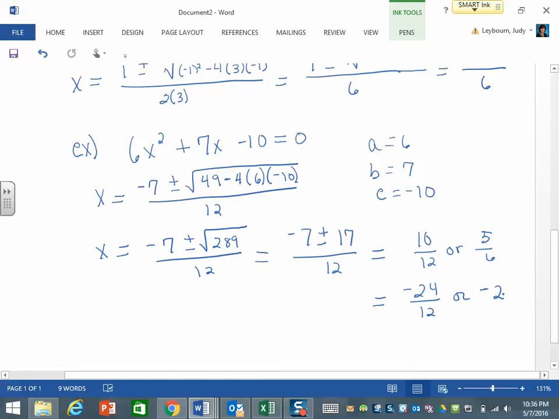And so our solutions for the equation would be x is equal to 5/6 or negative 2.